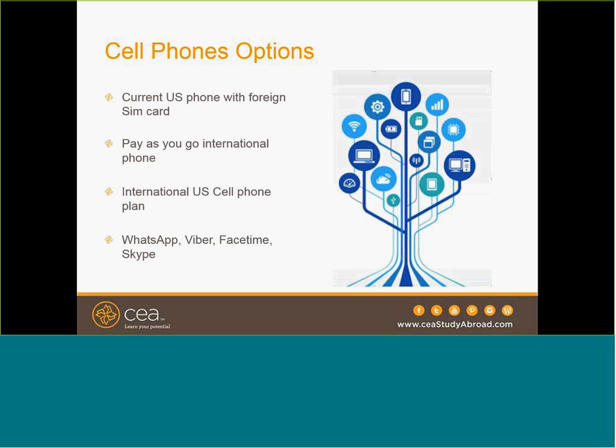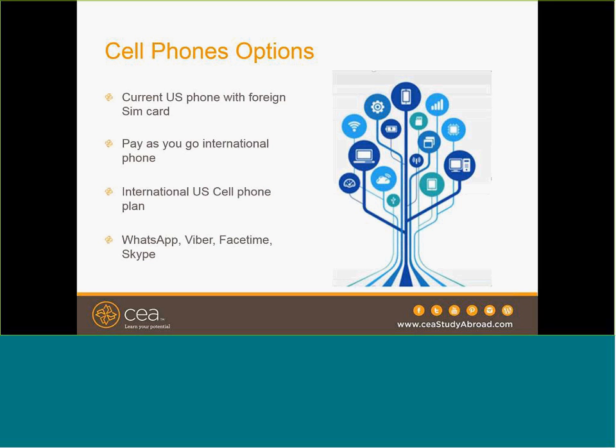Many cell phone models can accept foreign SIM cards. You can do this with their U.S. provider. If capable of using a foreign SIM card, we require that their phone is unlocked. This must be completed before your student's travel begins. And then they purchase an inexpensive SIM card when they arrive on site.